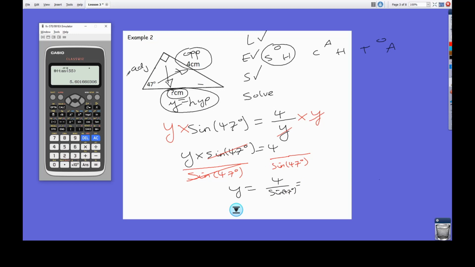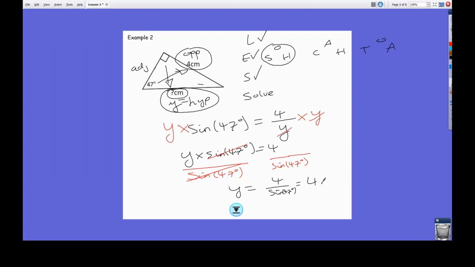And we can get that on our calculator as follows. We could do 4 over sine 47, close bracket, which will give us 5.46, I believe. Yeah, 5.47 centimeters, to two decimal places.